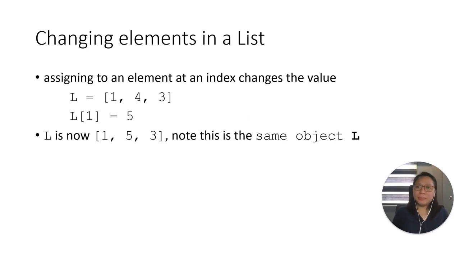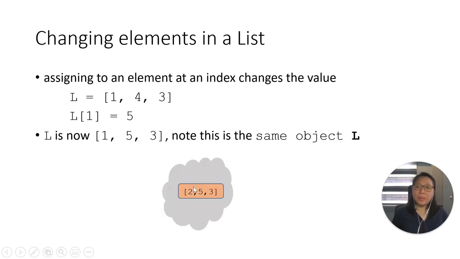Since list is mutable, we can change the elements in a list. And we can do this using the assignment operator. So let's say we have L here, which binds to this list object that contains the elements 1, 4, 3. If we assign 5 to index 1, our list now becomes like this one.